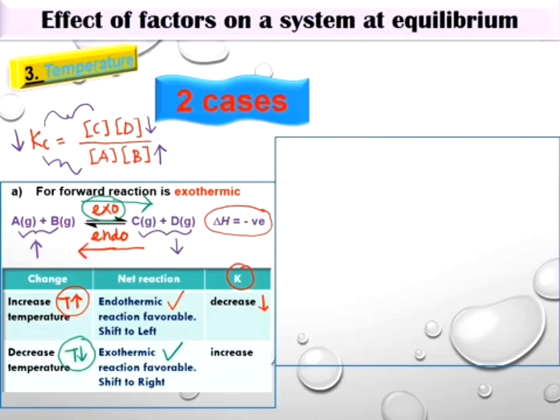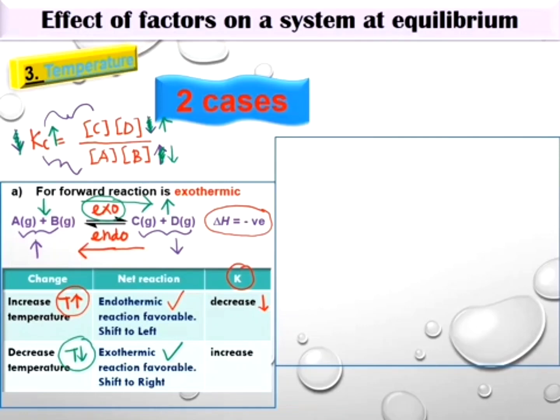So bila shift to the right, concentration of product increase, concentration of reactant decrease. So Kc akan increase. Boleh? Tak apa, kalau tak faham boleh tengok video ni banyak kali.